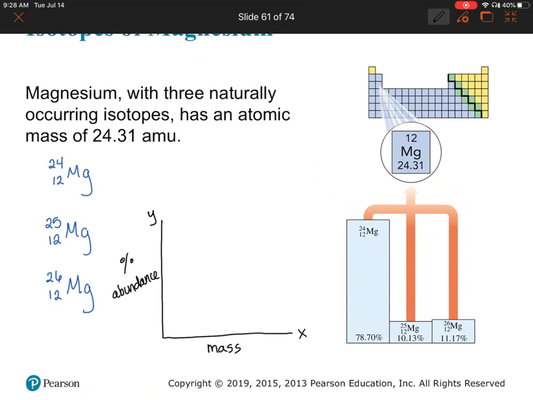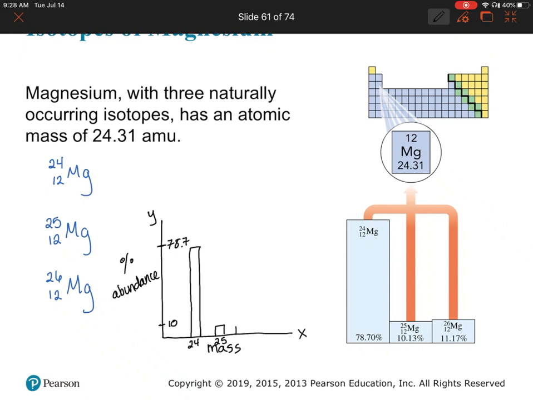So once the instrument separates the atoms and detects them, they would find that magnesium 24 is the most abundant. So this has a mass of 24, and that has a percent abundance of 78.7. And then magnesium 25 is the least abundant, so that has a relative abundance of about 10%.